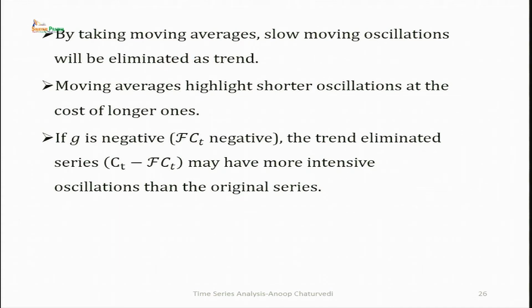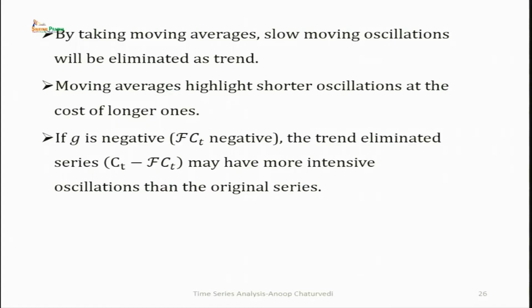So, this moving average is going to have a severe effect on the cyclical variations. So, by taking moving average, slow moving oscillations will be eliminated as trend. If the time series has slow moving oscillatory component, then it is eliminated, because the moving average treats the slow moving oscillation as trend.